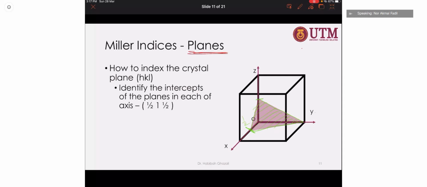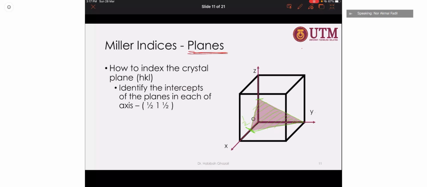Intercept, persilangan, meaning that the plane is crossing the axis. Where does it cut? For example, in this plane, for x it crosses at half of the lattice.